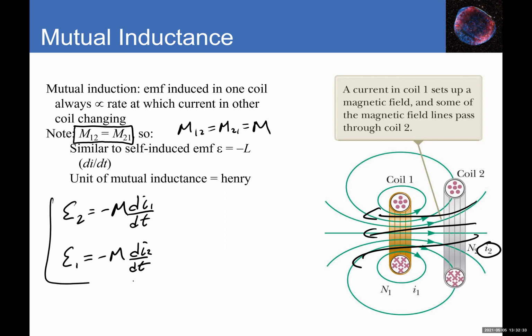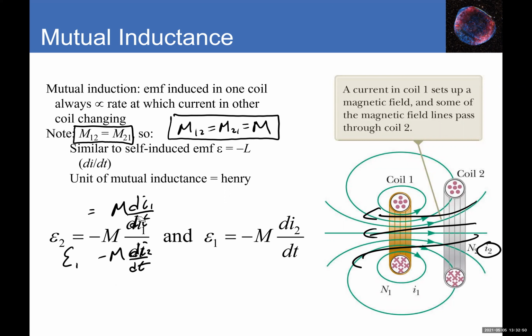These are the equations for the EMF for the two coils that mutually induce current and EMF on one another, and the mutual inductance is exactly the same for both coils. All right, so there you go.